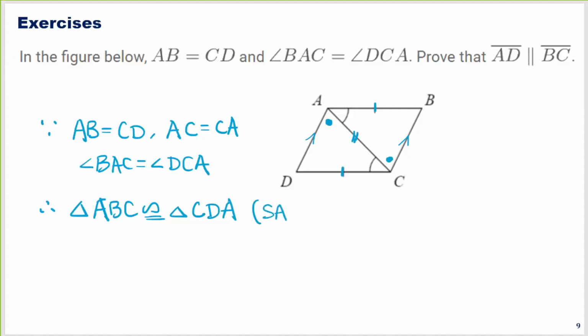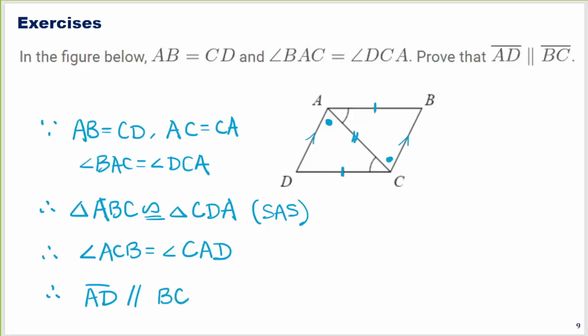The theorem we are using here is called SAS, so this is read as triangle ABC is congruent with triangle CDA by SAS. Therefore, we know the corresponding parts are also congruent. The corresponding parts are angle ACB equals angle CAD, right? These two angles are alternate interior angles. Alternate interior angles are equal, which indicates that line section AD is parallel with section BC, right?